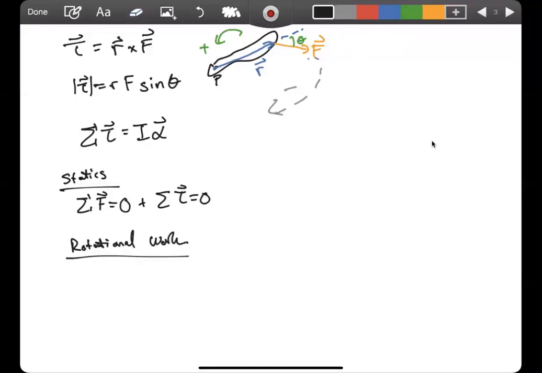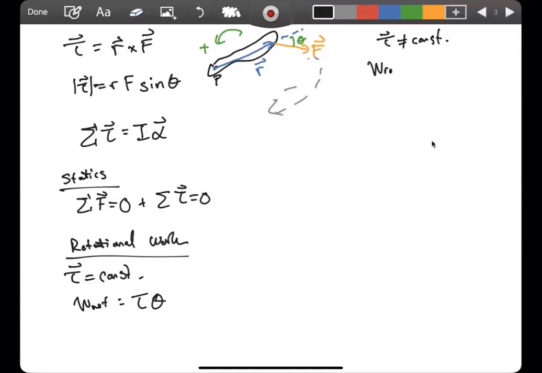So rotational work, if I have a constant torque, so torque is equal to a constant, in this case the rotational work is then equal to simply the torque times the angle at which this thing is rotated, that the torque is rotating the object anyways. If it is non-constant, if my torque is not equal to a constant, in this case, we have to integrate.